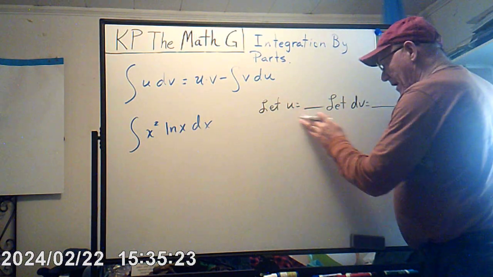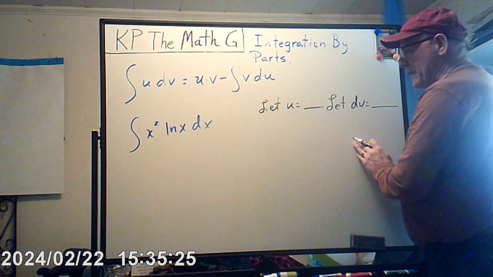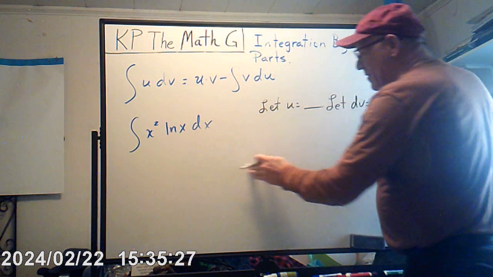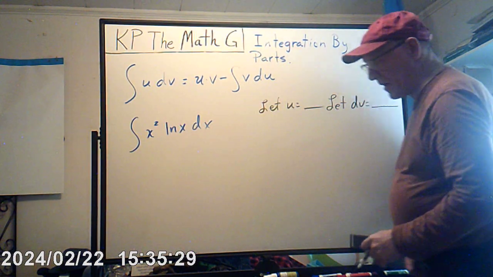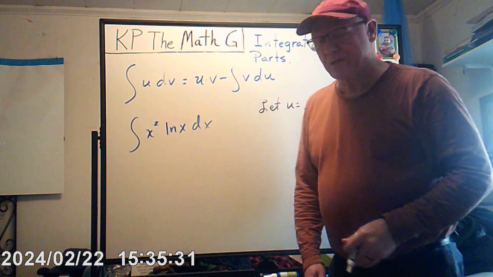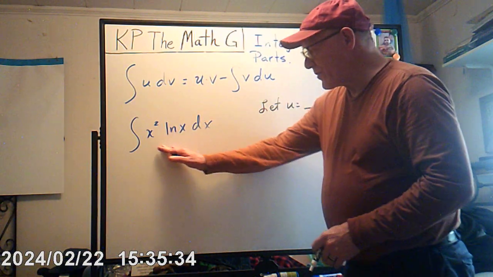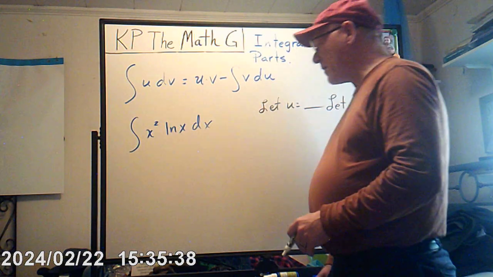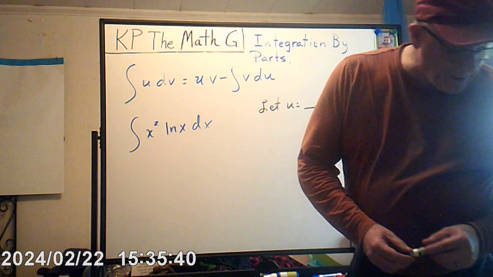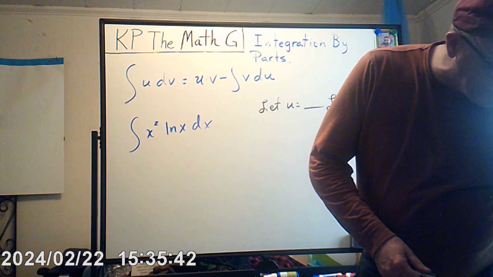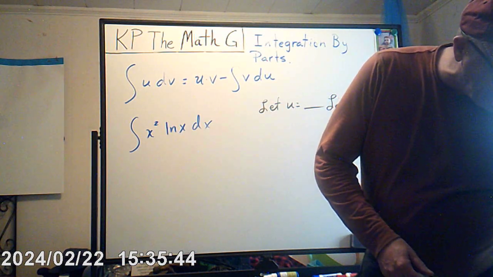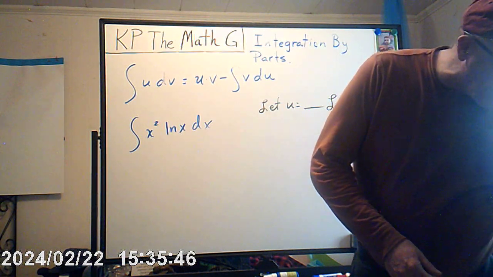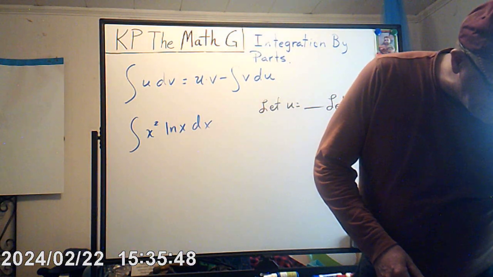That's how you start this problem. There's no way that I know of to integrate this without doing it by parts. I already did this several days ago, so I've got to see what I did with that.